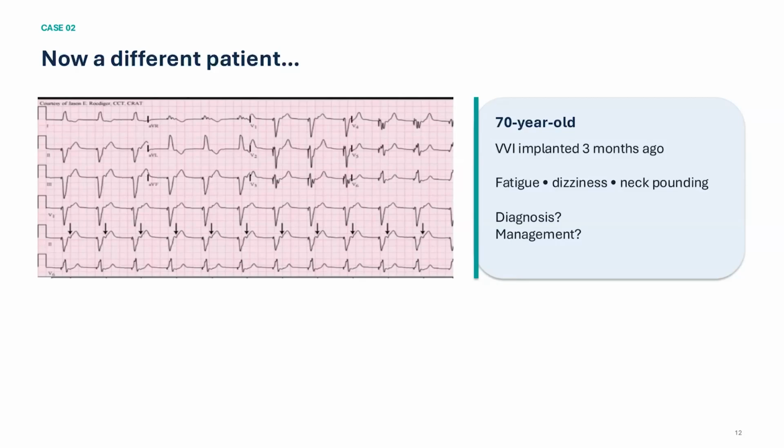This patient had a dual chamber pacemaker, but the selected mode is VVI. So in the question, we showed a dual chamber pacemaker implanted 3 months ago with the mode adjusted to VVI. This patient has pacemaker syndrome, and it is very easy to solve this problem.